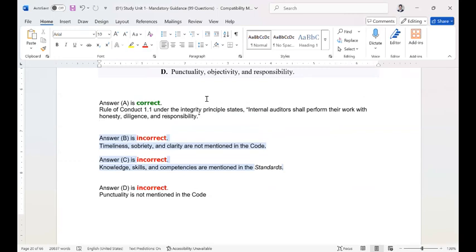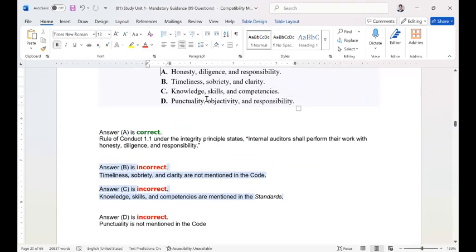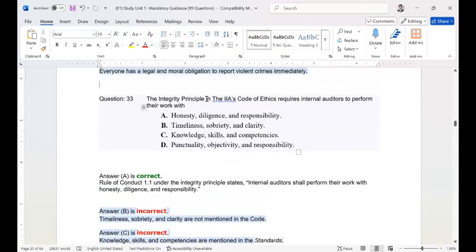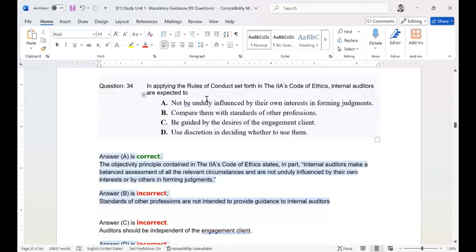Well, they have the word diligence, no? Anyway, just go through that code of ethics, will you?